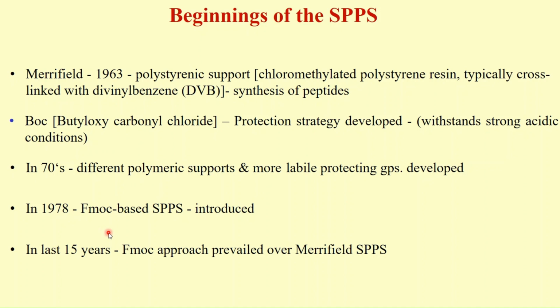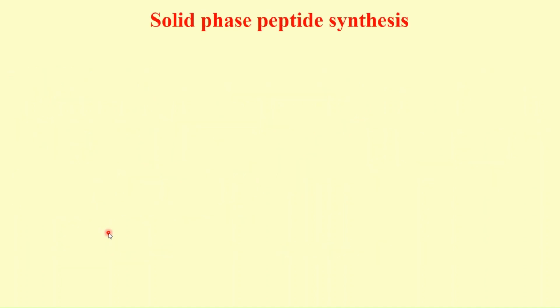Let us look into the strategy of SPPS. In solid phase peptide synthesis, I take an amino acid in which the T represents the protection of the amino group, P represents the protection of the functional group present in the side chain, and this green bead represents the carboxy group.